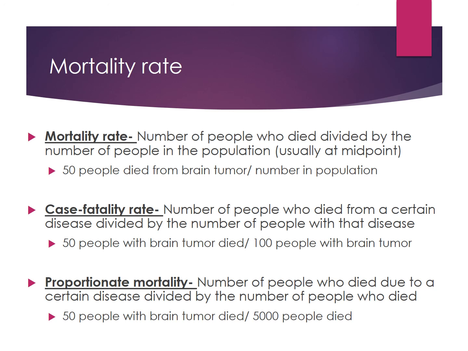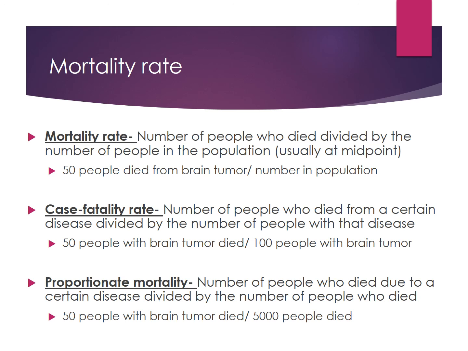And then we have proportionate mortality. Now what we're looking at is, of all the people who died, what proportion of that is due to a specific type of disorder. And so we might look at 50 people with brain tumor died out of 5,000 people died.